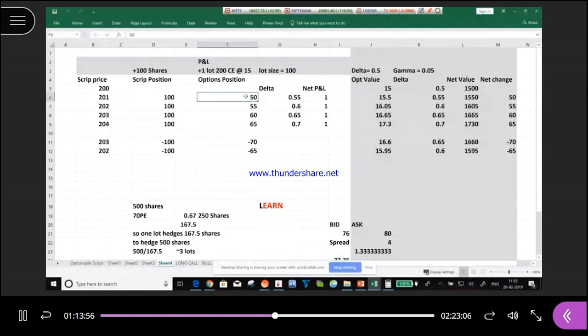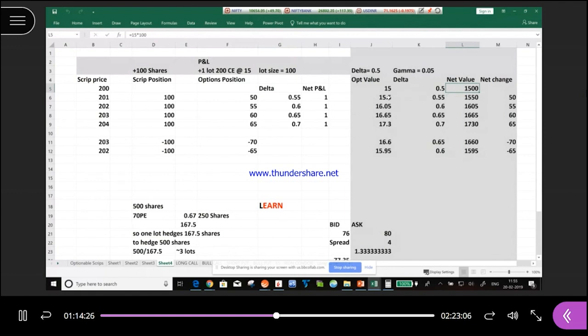Okay, now the option value is 15 rupees, the delta value is 0.5, the net value is how much? 15 into 100. Is that what you paid? That is the current PNL, correct? So that is the value here.